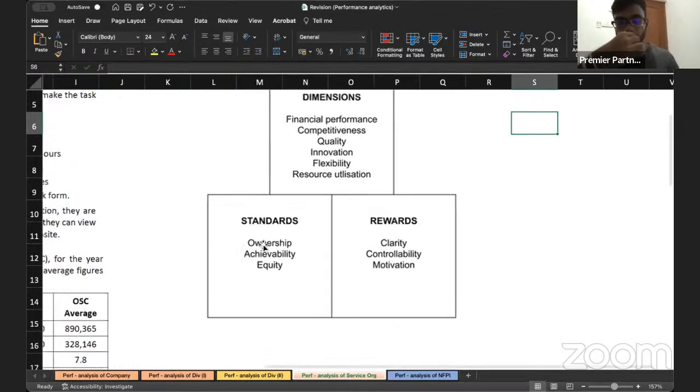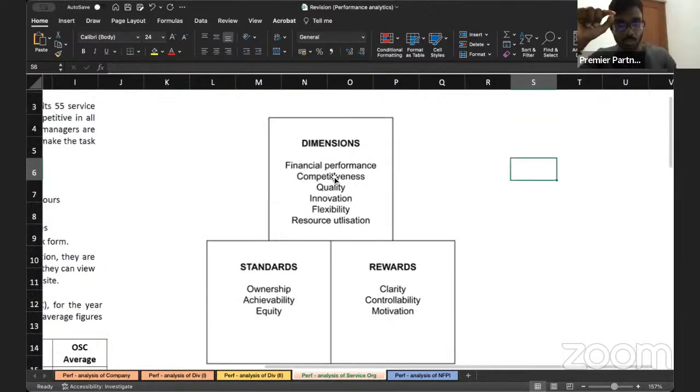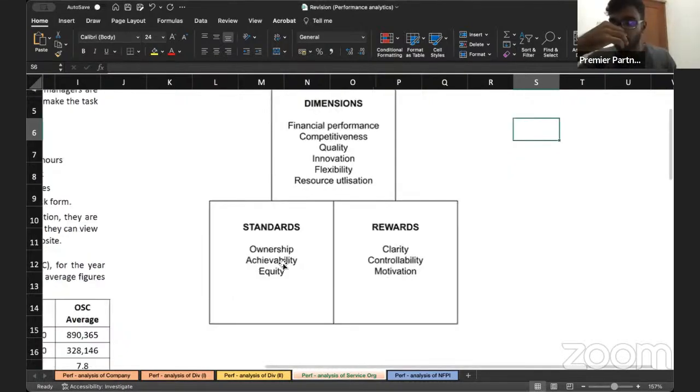Standards. What are standards, people? We talked about dimensions and metrics; now, on this building block that we have on top, standards. Here we talk about basically three things: ownership, achievability, equity.